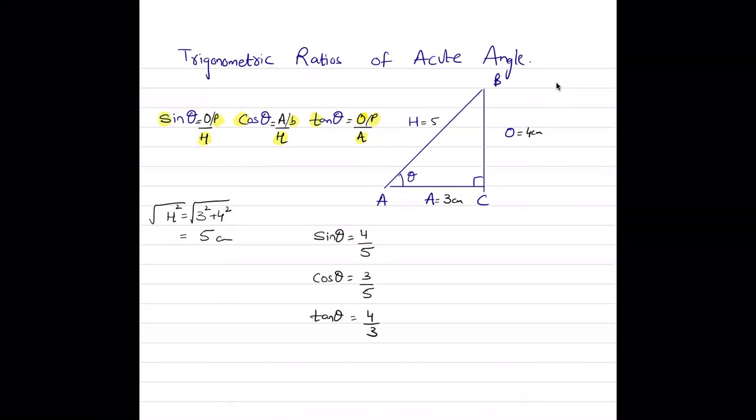Now, can you express angle B in terms of theta? If this angle is 90 degree and this angle is theta, what is this angle going to be?